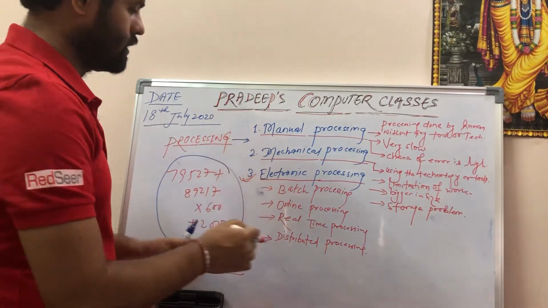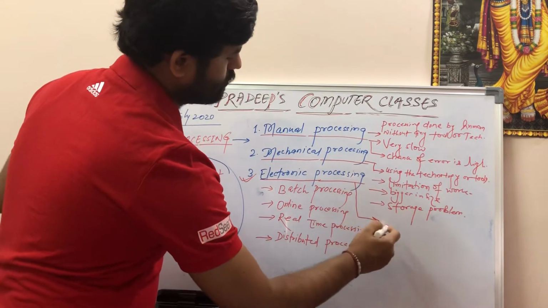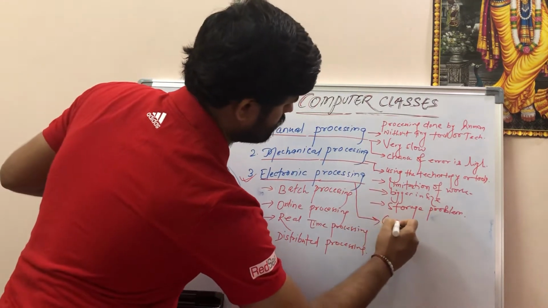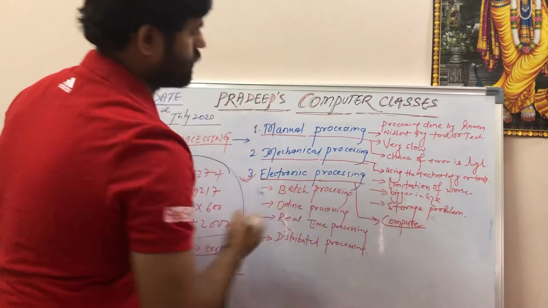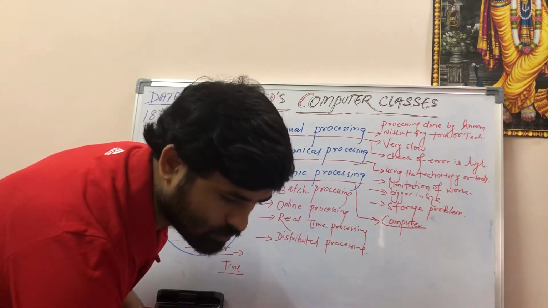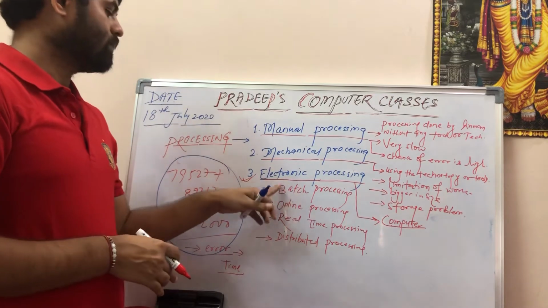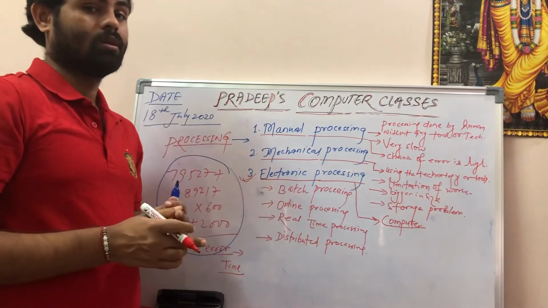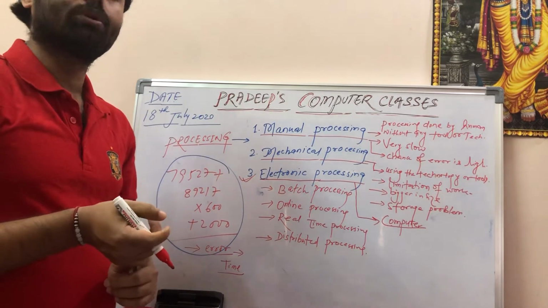First thing you have to understand and write: processing done by computer. If you do the processing by computer, you get the advantage of high speed.